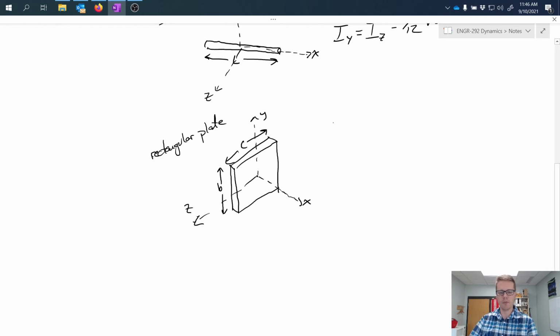So first, rotation about the x-axis. Rotation about the y-axis.